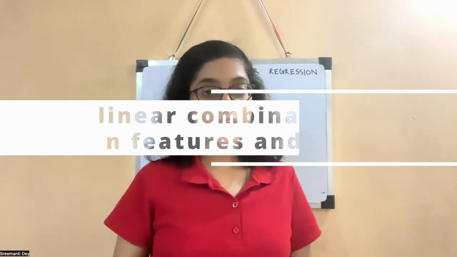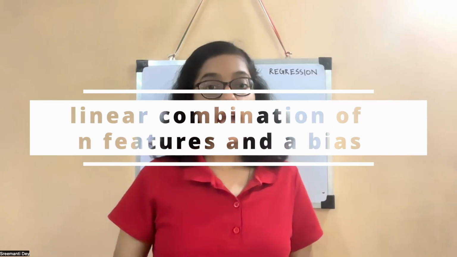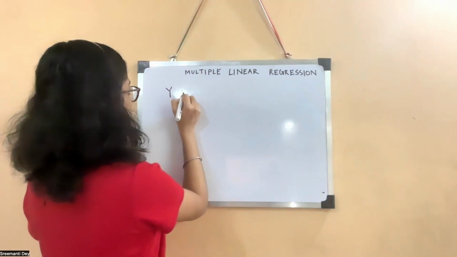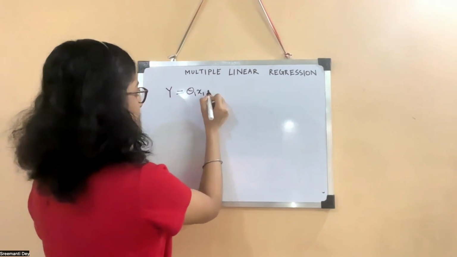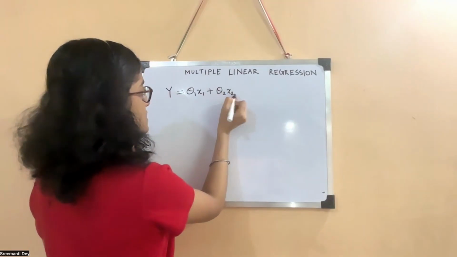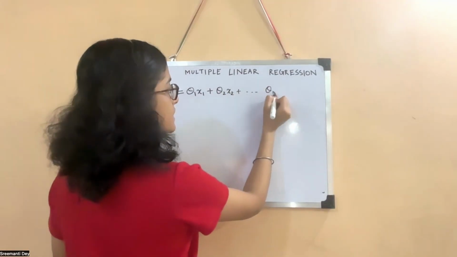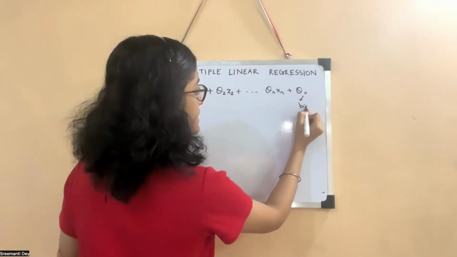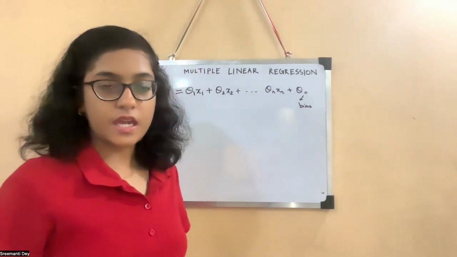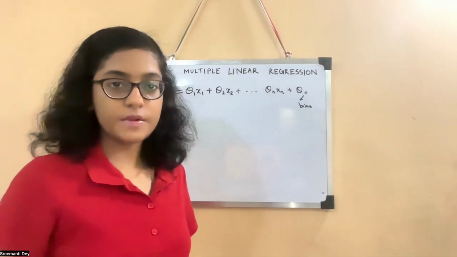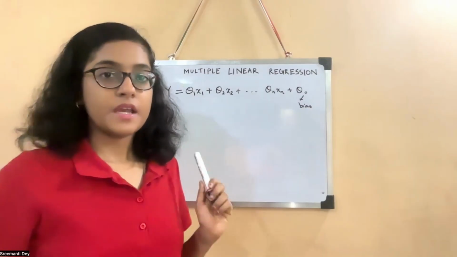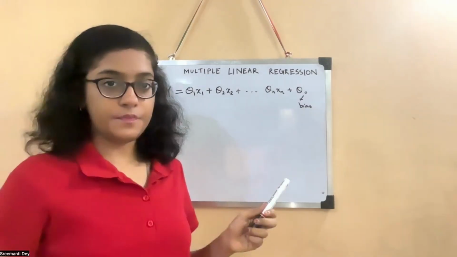So y would be a linear combination of these n features along with a bias. So what does it look like? y would be theta 1 x1 plus theta 2 x2 plus ... plus theta n xn plus theta 0, which is our bias. We cannot use a, b, c right now because otherwise it will be difficult to formulate the expression and the loss. So remember this is the curve.